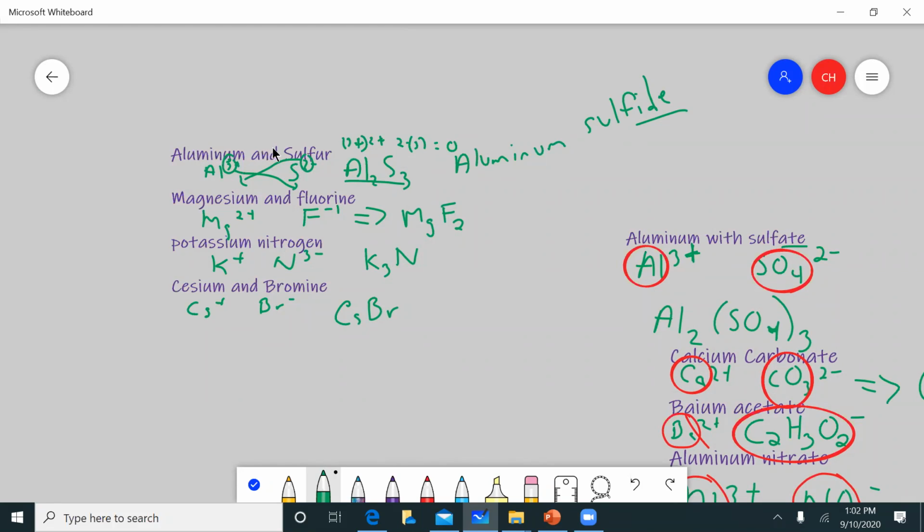Here I just said we were combining aluminum and sulfur, but if I was to write its name, its nomenclature would be aluminum sulfide. Okay, this here, I've got magnesium mixed with fluorine. So I name the metal first, magnesium. And then I write the base for fluorine, which is fluor, and then IDE, magnesium fluoride.